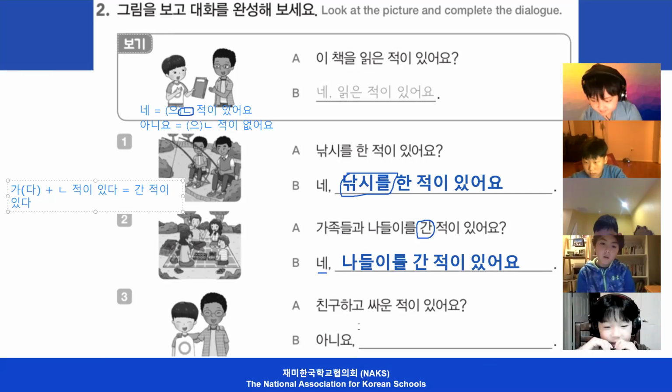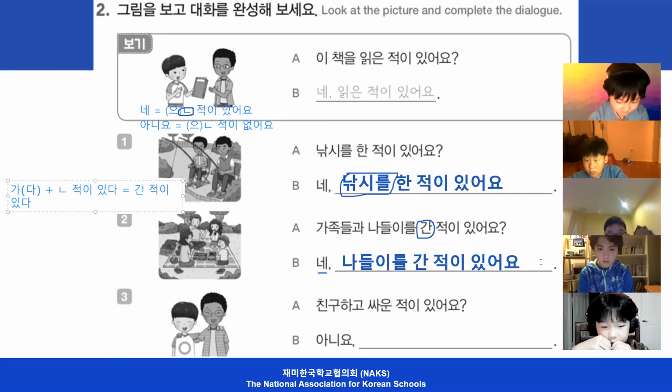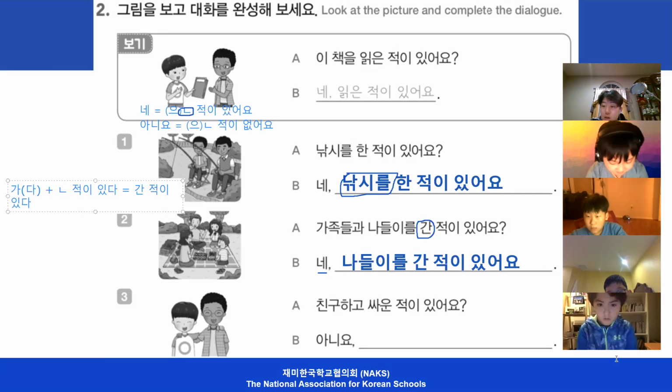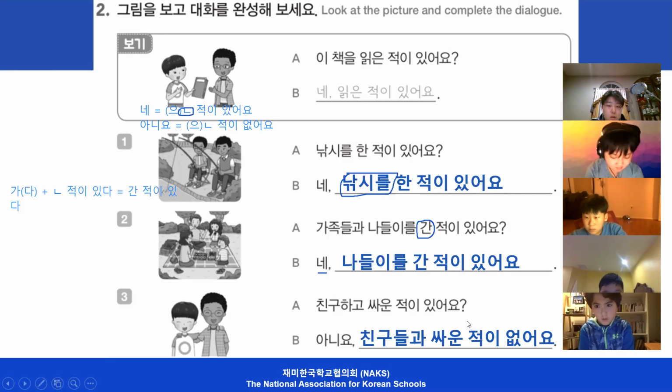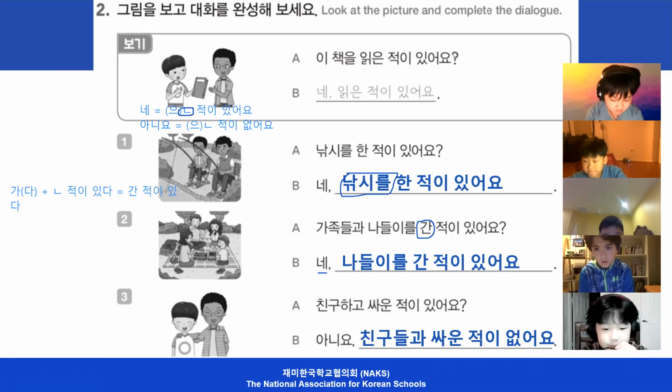I memorized it, so. Okay. Wait, can you say that again? I couldn't hear you that well. 아니요, 친구랑 싸운 적이 없어요. Oh, okay. That's good. Yeah. So 친구랑 싸운 적이 없어요. Okay. Exactly how we did it. In this case, well, we would conjugate it though.